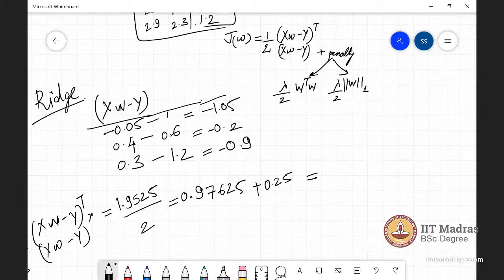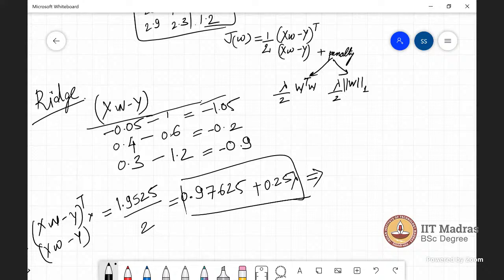So 0.25 into lambda. Yes, 0.25 into lambda. And what is our lambda? 0.01.